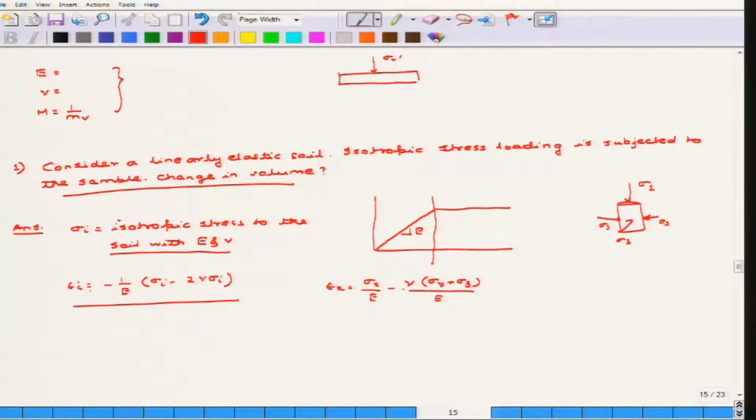So, that is what I have written, sigma I minus 2 into nu into sigma I by E. Now, from here you can easily derive the definition as sigma I into (1 minus 2 nu) by E. Then from here you can also find out the volume change delta V by V as 3 times epsilon I, because the volume change is equivalent to the strain in 3 directions. A detailed discussion of all this we will consider in the next lecture, which will be the last lecture for the tutorial session. So, thank you.